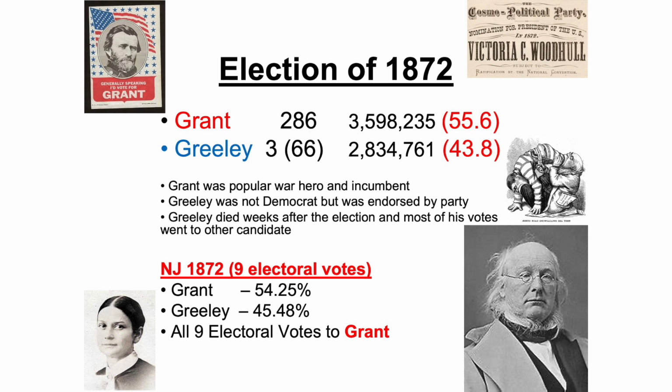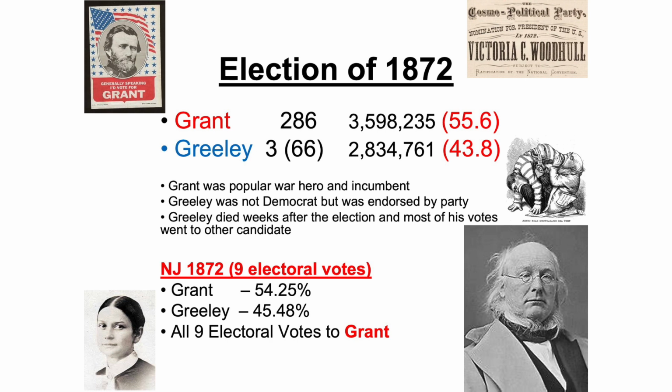The election of 1872 is one of the very interesting elections, because Horace Greeley was a newspaper man, and he ran against Grant. Right before the election was over, his wife died. It was a very big shock to him, and he emotionally broke down, and the election takes place.